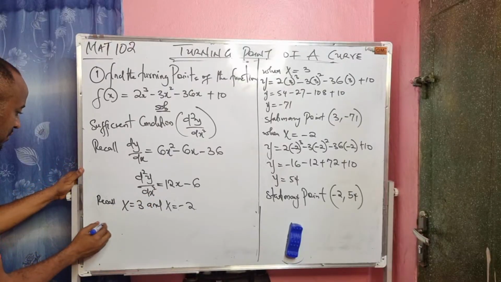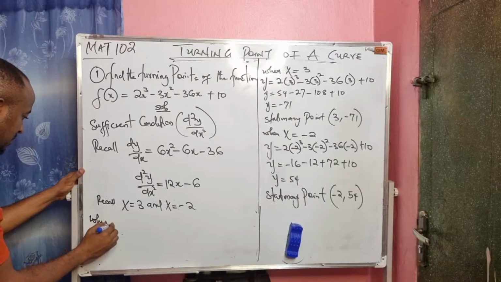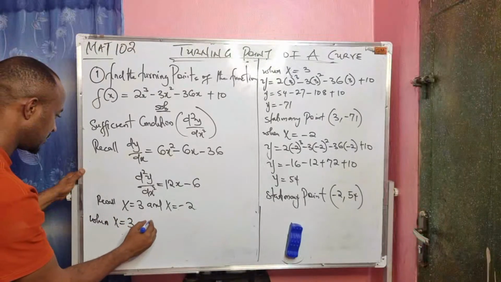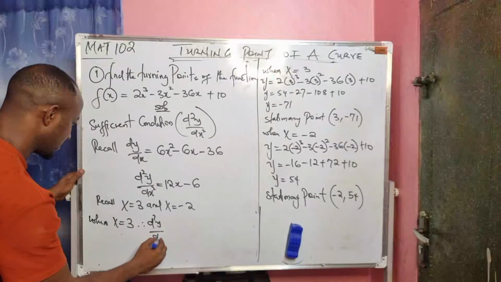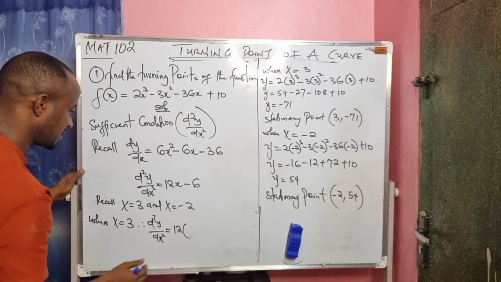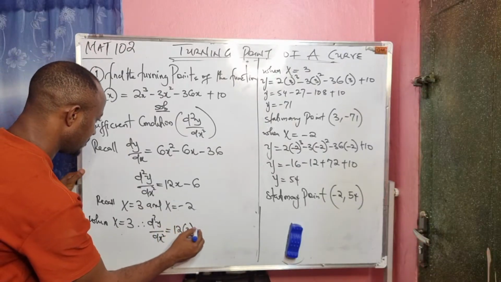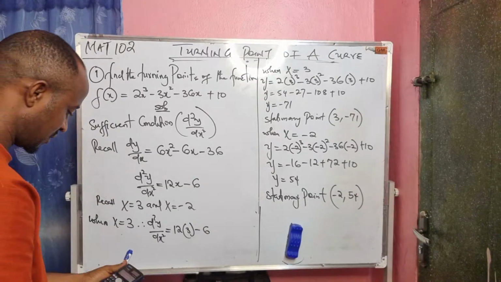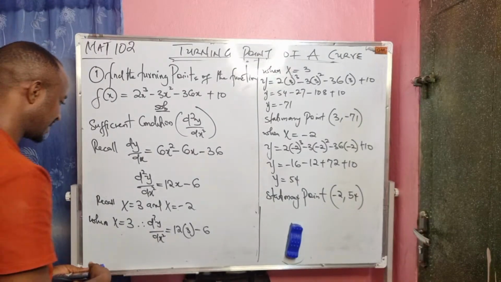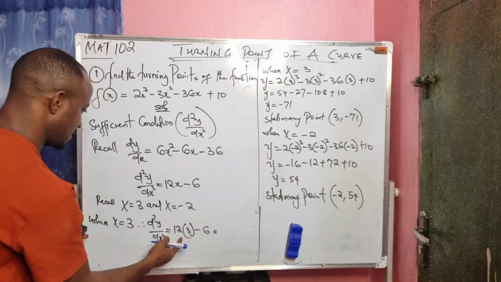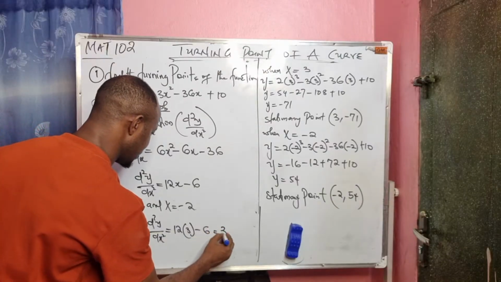So when x equals 3, d2y over dx squared will be equal to 12 times 3 minus 6. 12 times 3 is 36, and 36 minus 6 is 30.